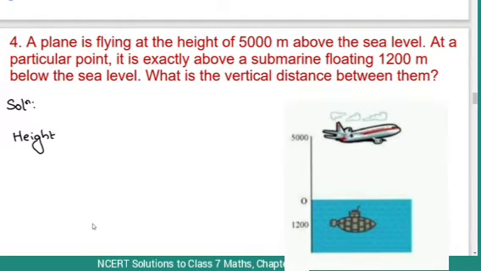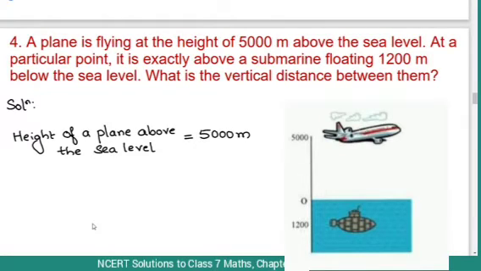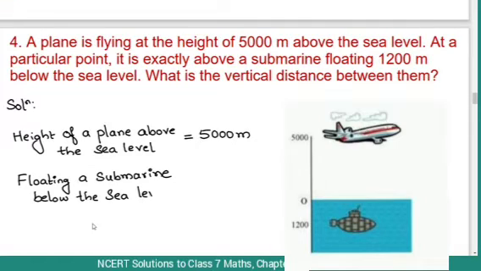Solution: height of a plane above the sea level is equal to 5000 meters, and a submarine floating below the sea level is equal to 1200 meters.